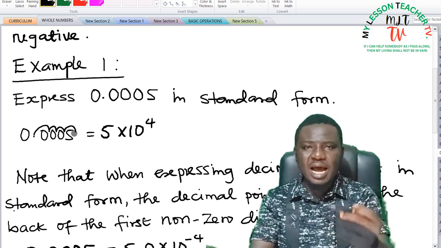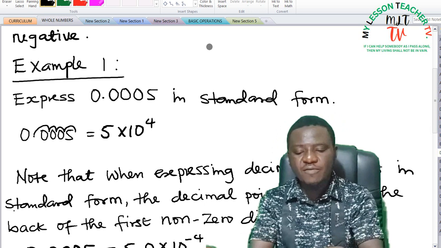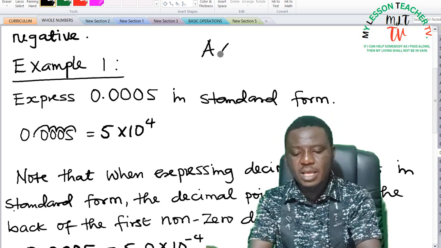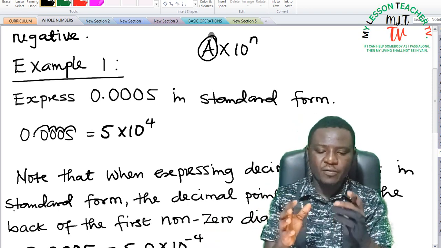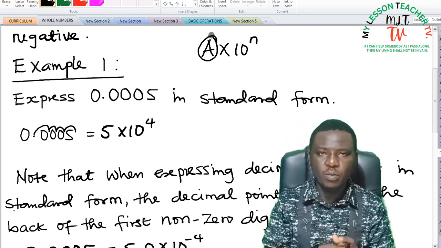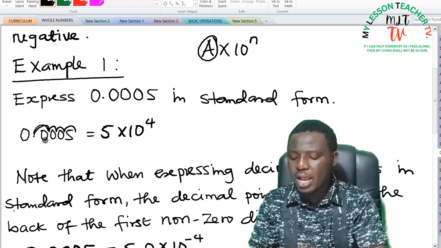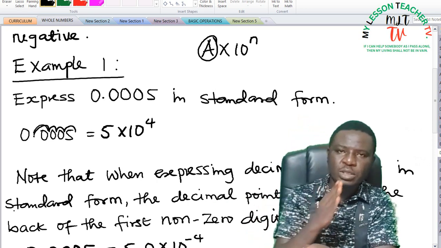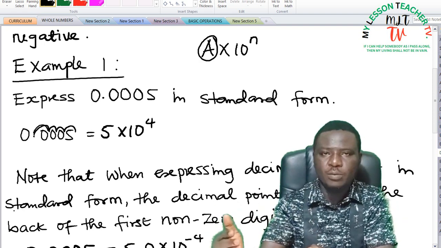Remember at the last class, I said that numbers are said to be in standard form if they can be expressed in the form a times 10 raised to the power of n, where a is a number that falls between 1 and 10, and n is any positive or negative whole number. If I had moved the decimal point one time, this would end up giving us 0.005, and 0.005 is a number that is less than 1.